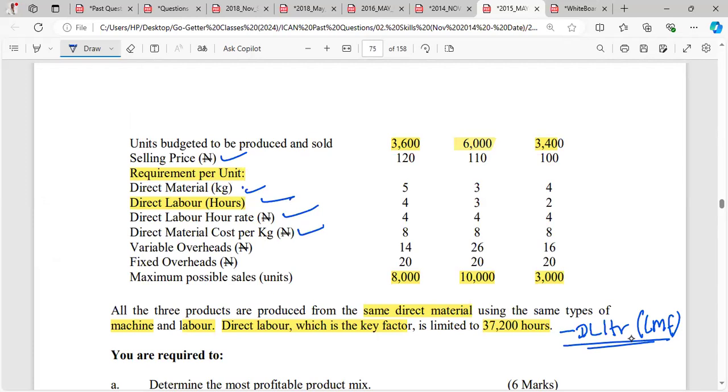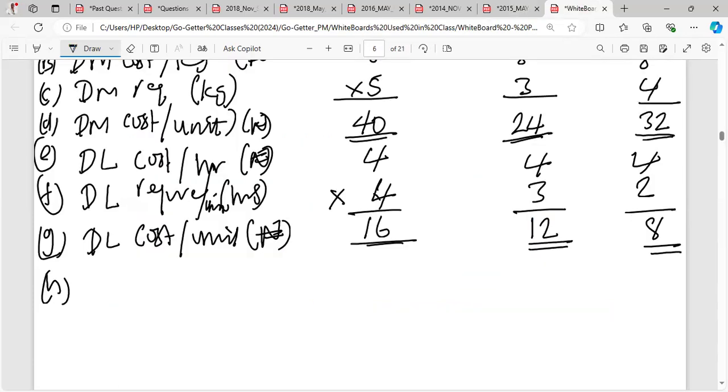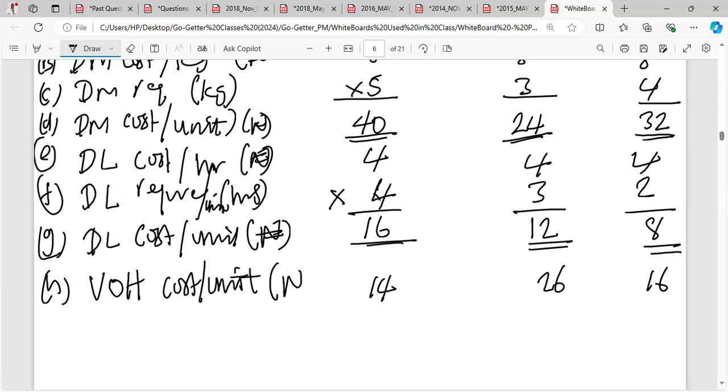Variable overhead here, 14, 26, and 16. This is variable overhead cost per unit, also in naira.